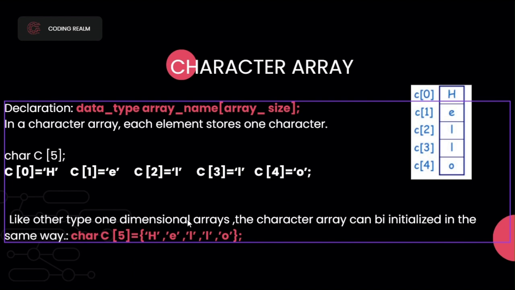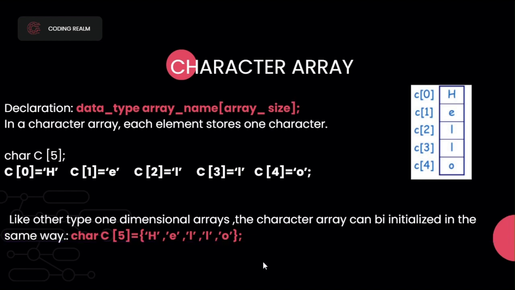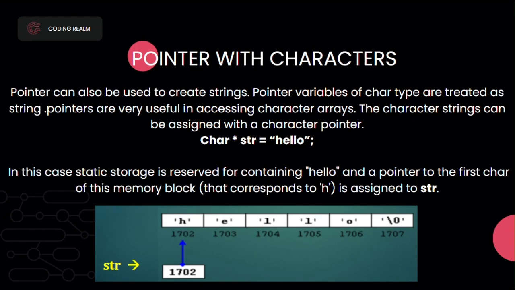Like other types of one-dimensional arrays, the character array can be initialized in the same way. char c[5] equal to HELLO, and it prints the word hello. Pointers can also be used to create strings. Pointer variables of character type are treated as strings.